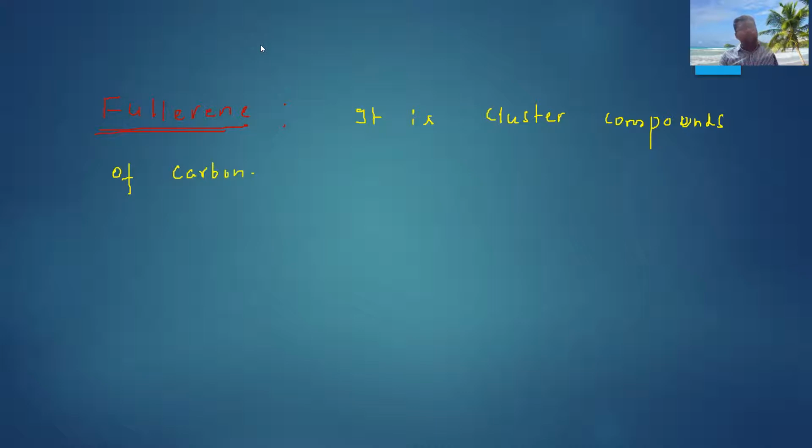How to prepare fullerene? Fullerene is prepared by using graphite, which is also an allotropic form of carbon.